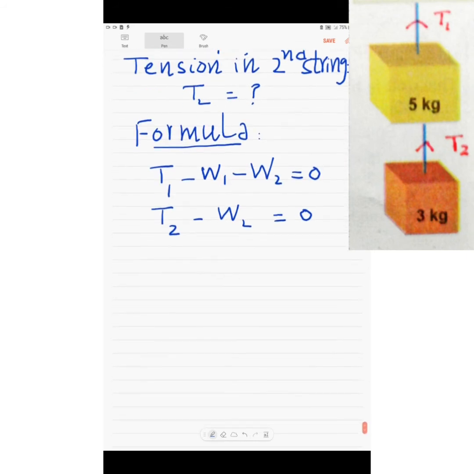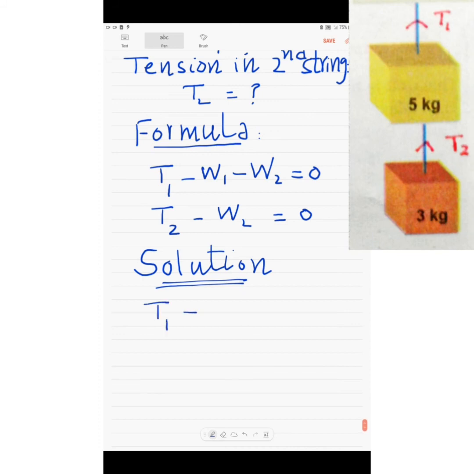Now to calculate it, solution heading, underline it, write down the first formula, T1 minus W1 minus W2 equal to 0. We are considering here both the weights because T1 tension in the string is holding both of the weights here.